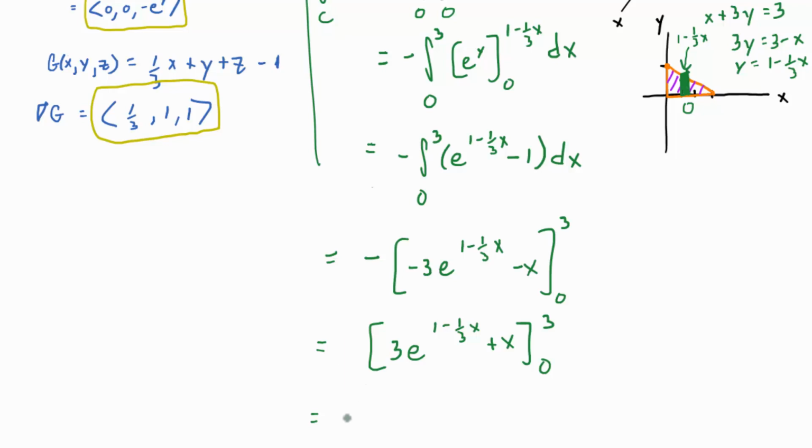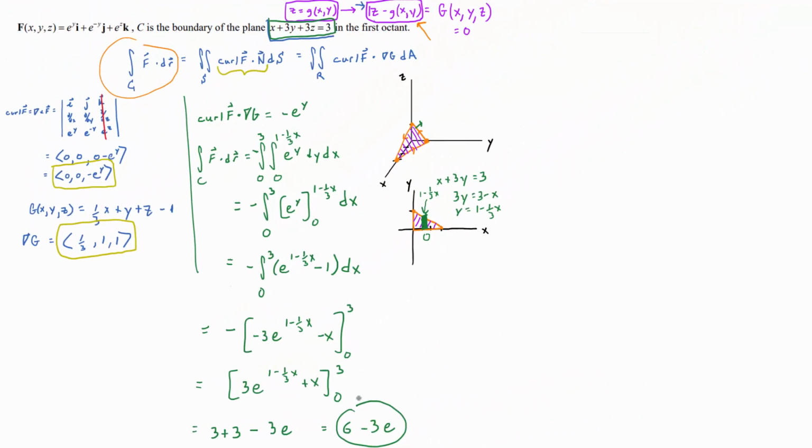Okay, so we get 3 plus 3, minus 3, just e to the 1, and then 0 there. So we get, when all is said and done, 6 minus 3e. So here it all is in one shot, I think.